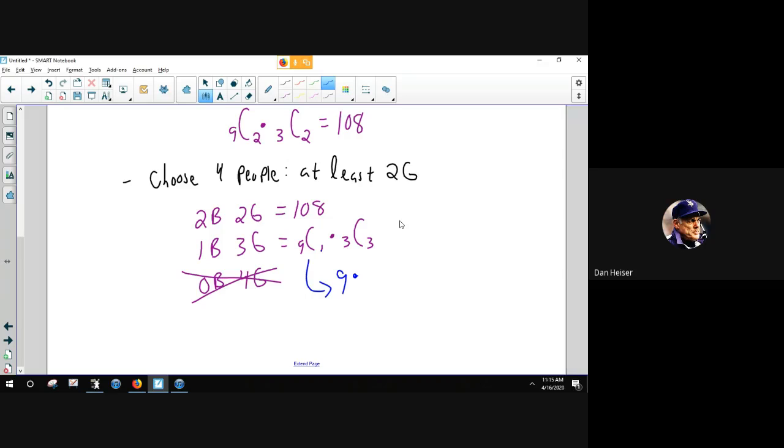There's only one way to have all 3 be chosen. So putting this together, I have 108 possibilities here, plus 9 more possibilities there. There are 117 possibilities total.